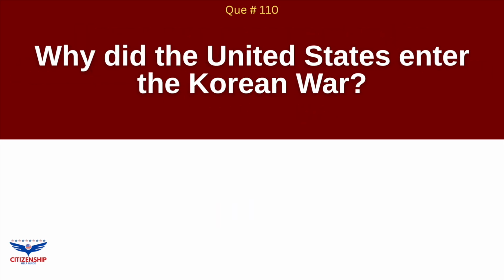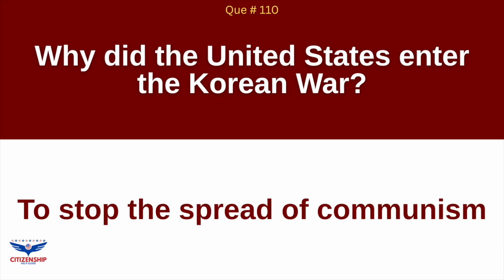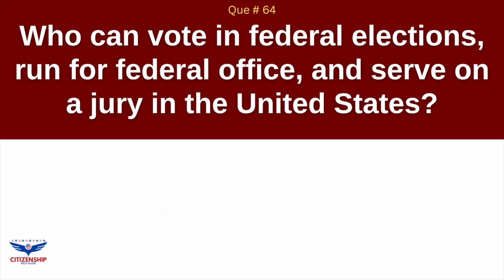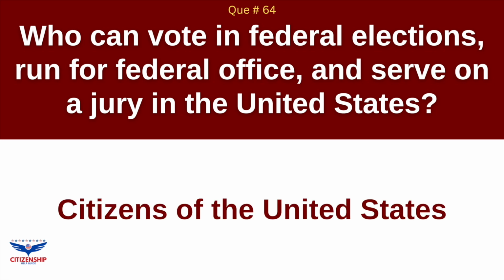Why did the United States enter the Korean War? To stop the spread of communism. Who can vote in federal elections, run for federal office, and serve on a jury in the United States? Citizens of the United States.